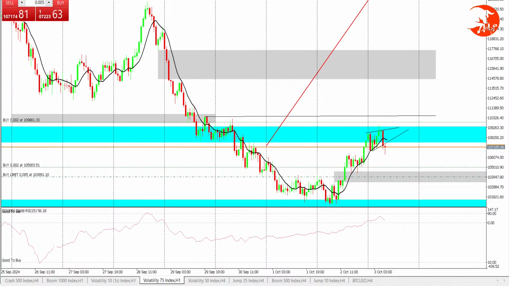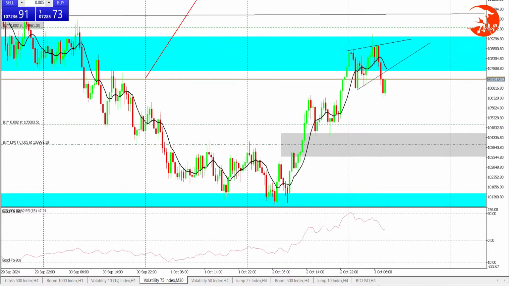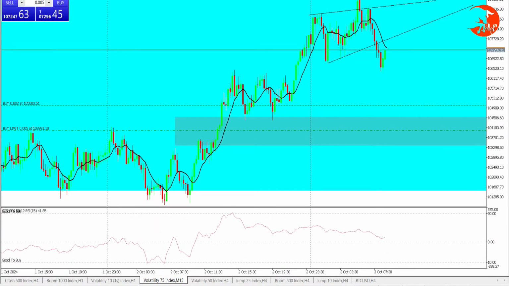V75, we had a breakout there, and now we are looking for a sort of rising wedge, those who remember. Let's look at M15. If the pullback goes back inside, then we have no entry. If it happens to close outside, then we have some sort of entry for the sells.